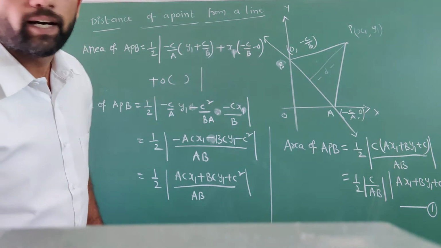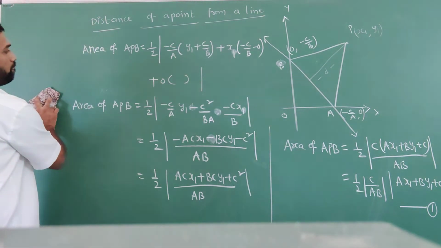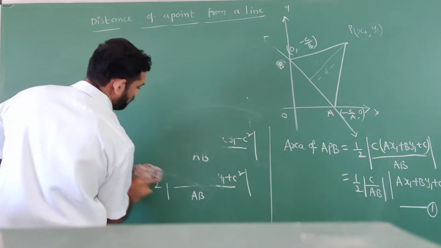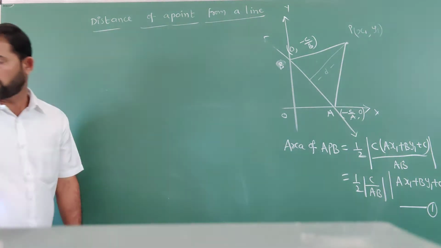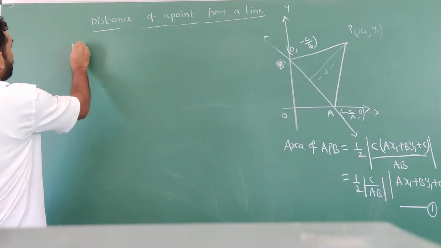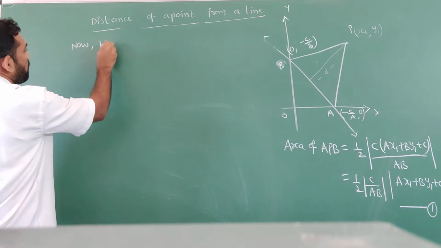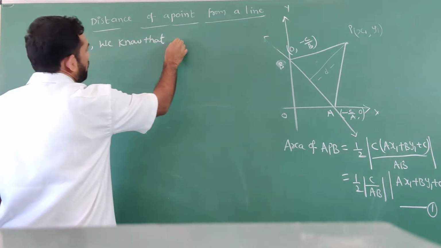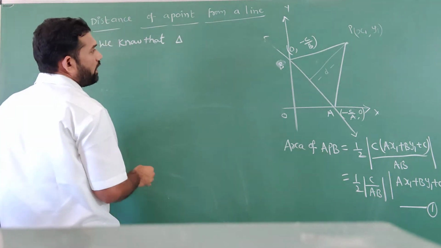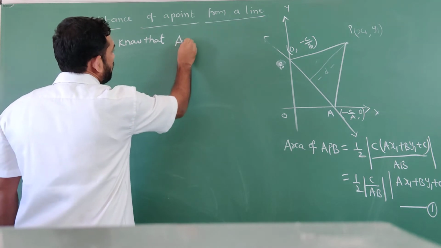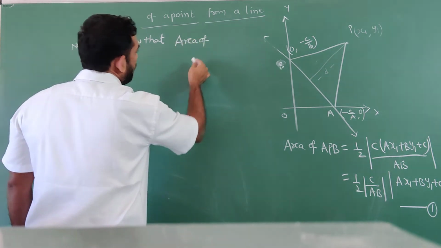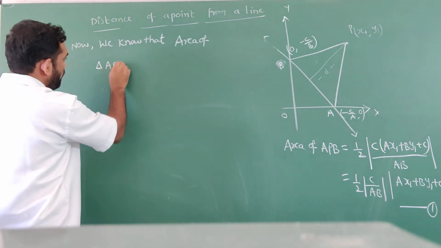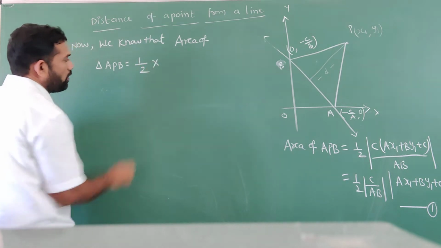Now we know that the area of triangle APB is equal to the general formula half into base into height.